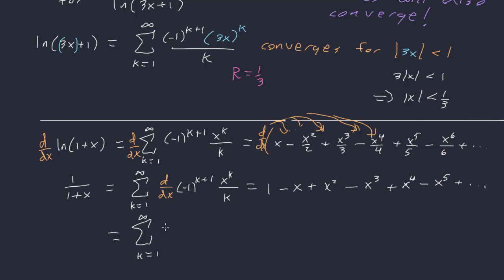We'd get negative 1 to the k plus 1, so that part doesn't change. We'd get k times x to the k minus 1 all over k. The k's would cancel, and now we just get the sum for k going from 1 to infinity of negative 1 to the k plus 1 times x to the k minus 1.